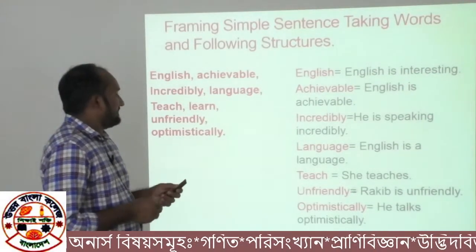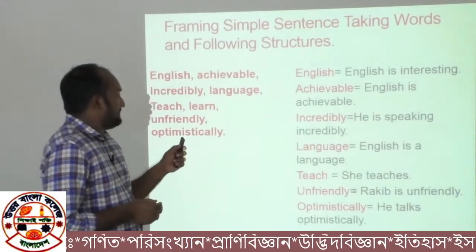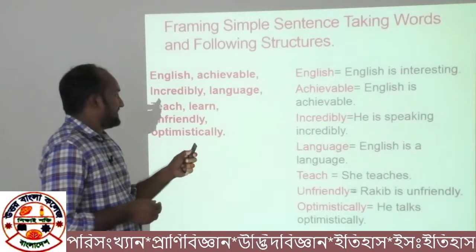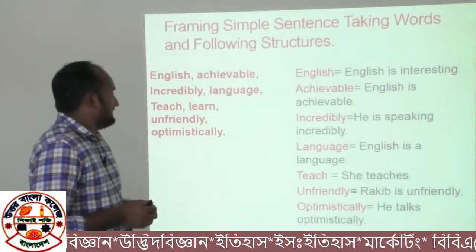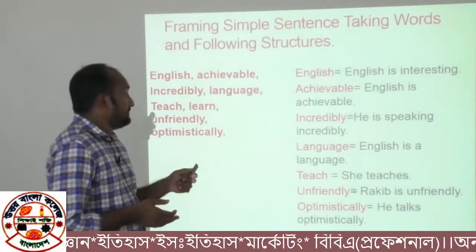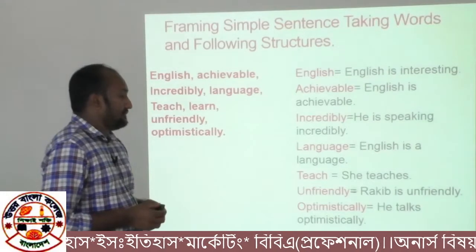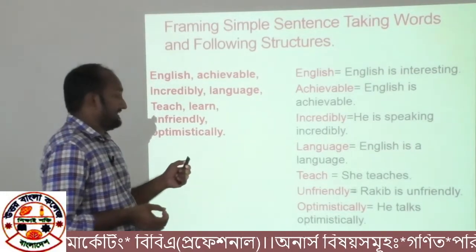Then achievable is an adjective, and I have used it in a simple sentence: English is achievable. Then incredibly, this is an adverb, and using the adverb I have written a sentence: he is speaking incredibly.